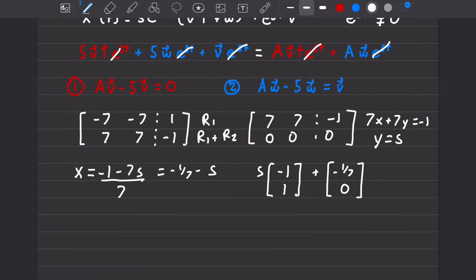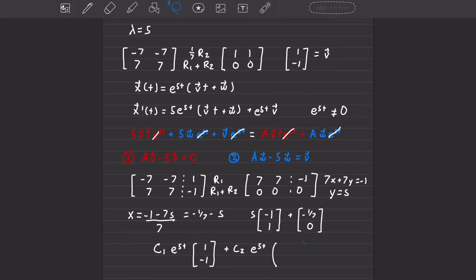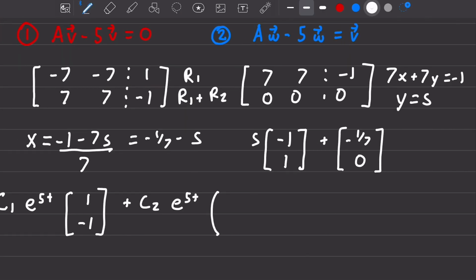So we have our C1 e to the 5t, and we're going to say 1, -1, plus C2 e to the 5t. And I'm going to put these parentheses over here. It looks like I'm running out of space, so I'm going to shift this whole thing over. And so we have our Vt that I talked about before.